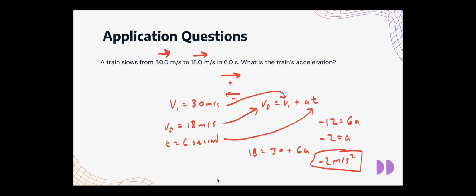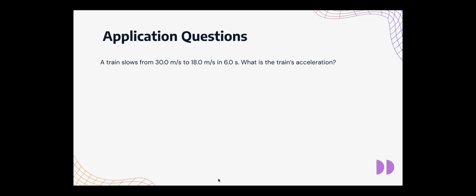So when I see a negative 2 meters per second squared, I'm already thinking that this train is decelerating from 30 meters per second to 18 because I see that negative, right? If I just saw a 2 meters per second squared, I would assume it's accelerating until I was given otherwise, correct? Does that make sense to you guys? Can I move on? Do you guys have any questions?